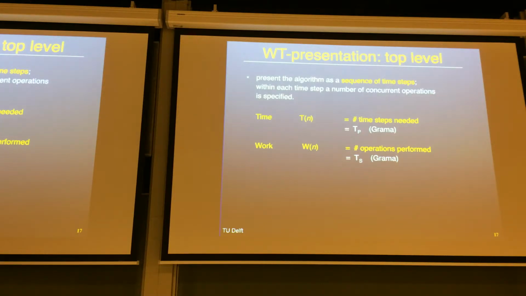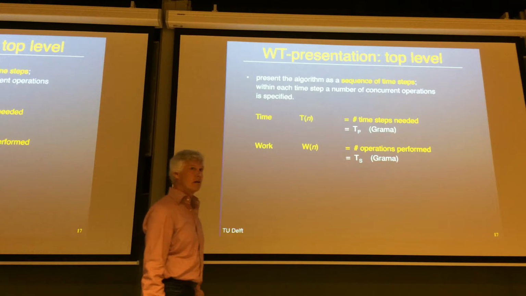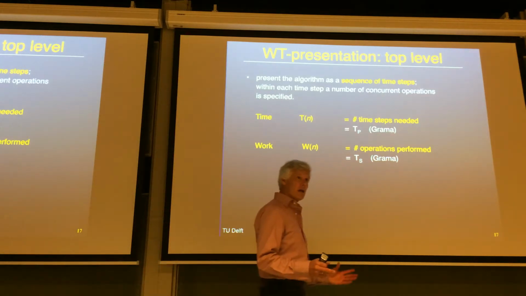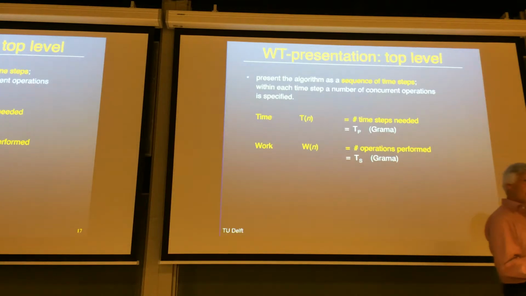And I will make clear in a moment what the importance of taking these two metrics is. The first metric is parallel time, and that's expressed by this T of n. And n, of course, is a measure for the size of the input. We are used to considering complexity as a function dependent upon the size of the input.